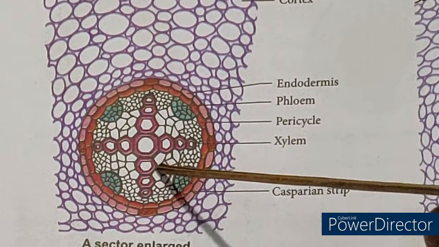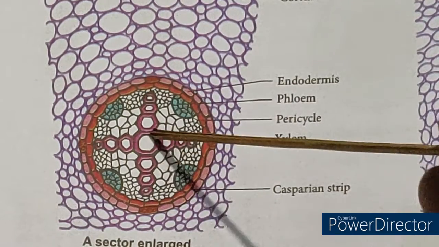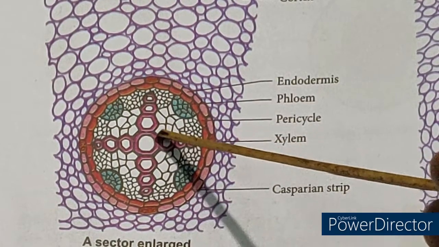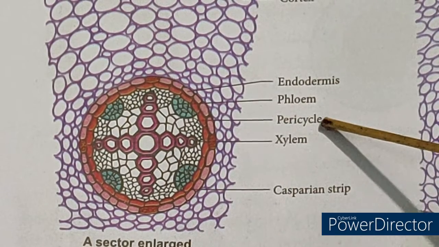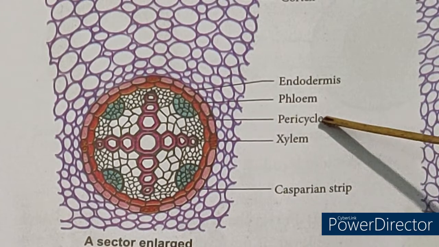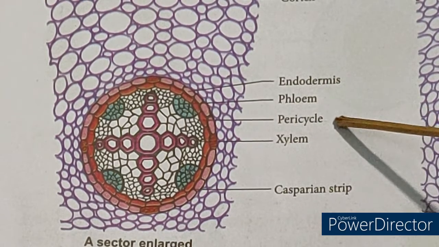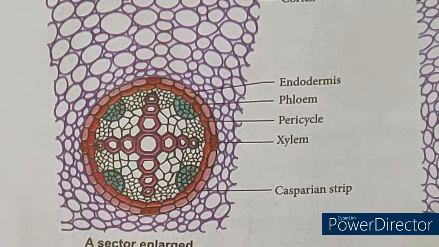One, pith, which is not found in matured roots, only in young roots. So here there is no pith. Second is pericycle, a single layered structure, which results in the origin of lateral roots, that is from here certain roots arise.